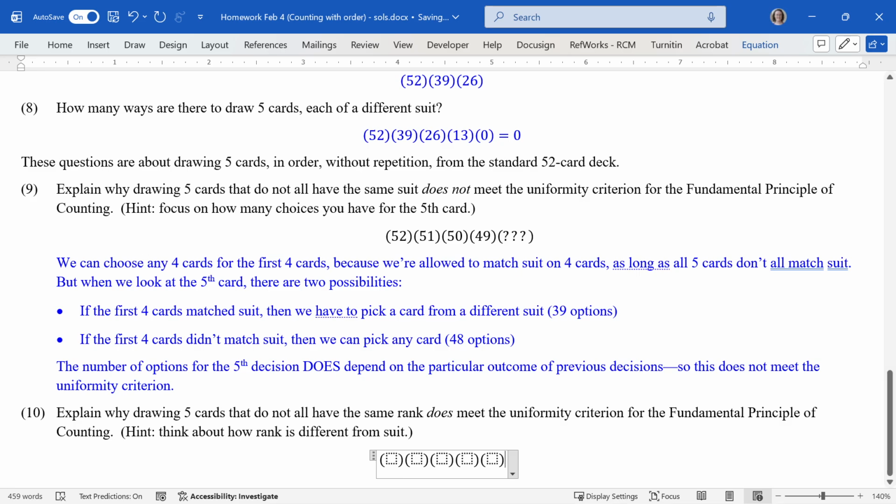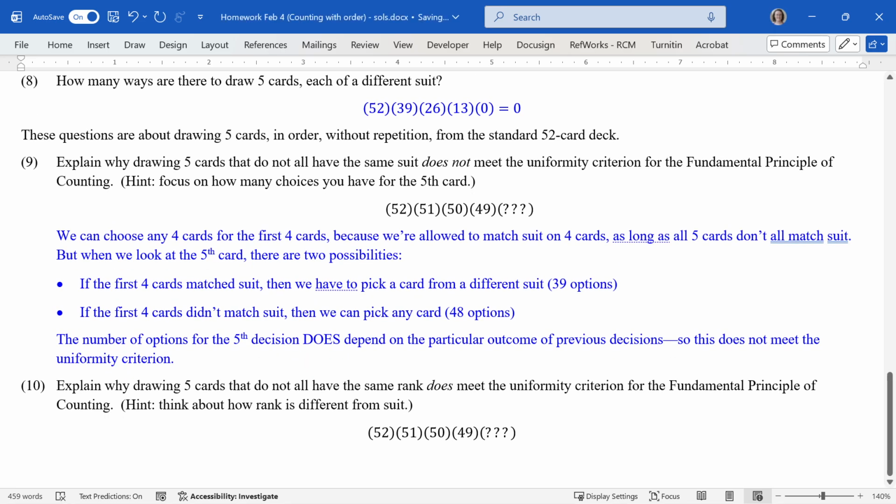Okay, so I guess it's okay if the first 4 cards match rank. So I should be able to pick any 4 cards for my first 4 cards. And now let's see if we get into the same pickle that we did before with the 5th card. Well, now don't I still have to think about these 2 possibilities? So I'm going to write the same thing that I did before, and let's see if anything happens differently.